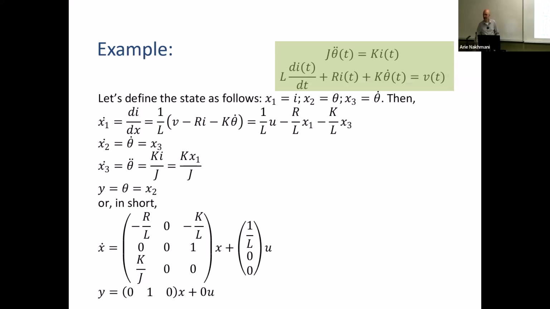So you're saying that there could be an equivalent representation? Like we could have had an x4 that was I dot? No, you cannot have x4. The system is third order, so you need 3 variables. But you can, for example, switch x1 and x3. You define x1 as theta dot and x3 as I. Then you'll have a completely different system. You might define something as I dot and then have some other variables.